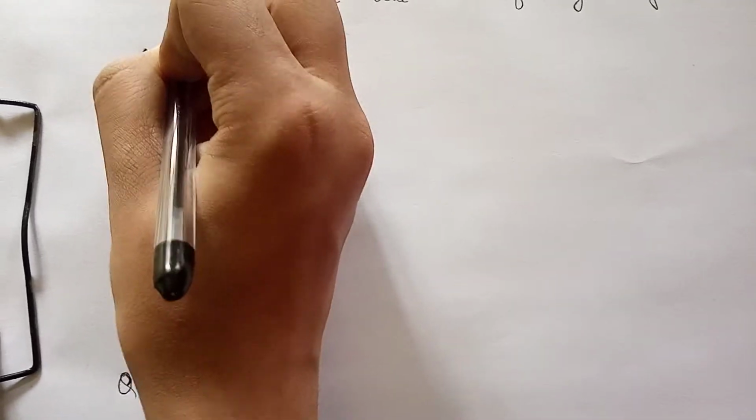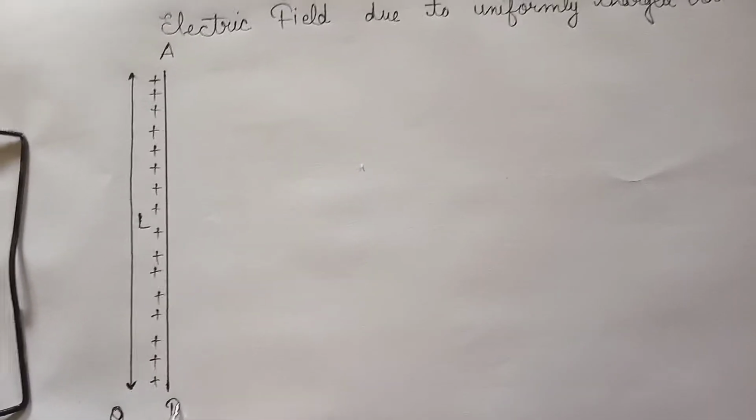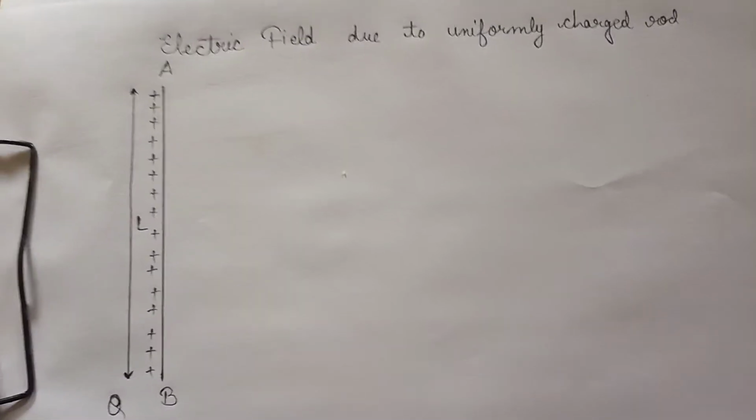Let's name its top and bottom. This is A and this is B. So this rod can also be called AB.